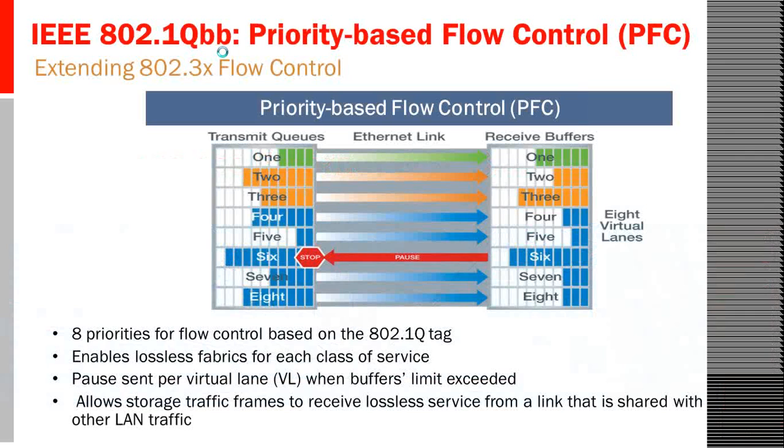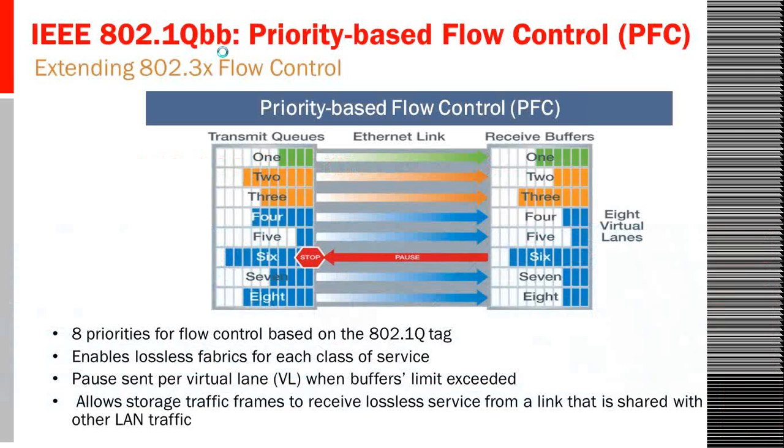One of the standards in DCB is PFC, Priority Based Flow Control. It's the 802.3x flow control, but using that for all lanes, so the 802.1Qbb standard. We've mentioned 802.3x flow control there. If you're industry guys, you probably know that's been around as a standard for many a year.